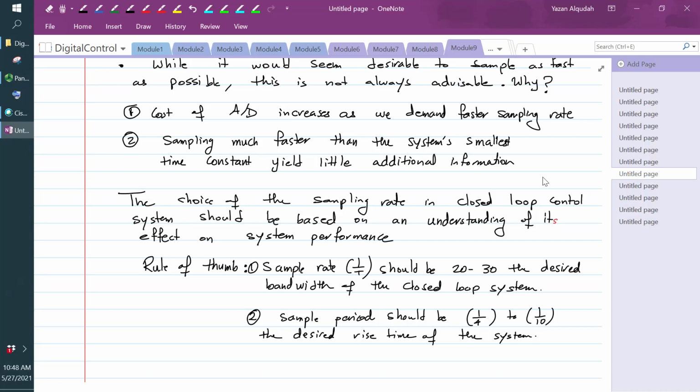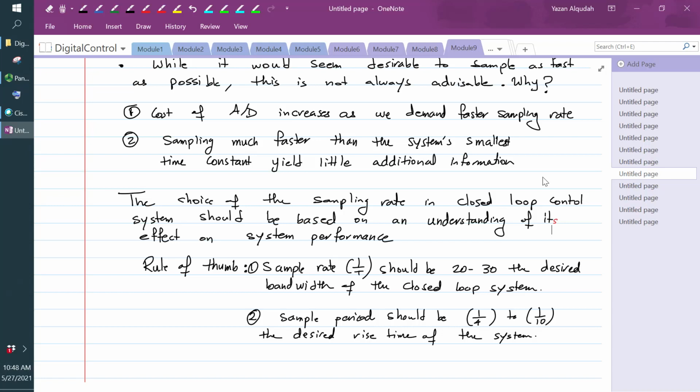What we're going to be doing next, now that we looked at the analog to digital conversion and digital to analog conversion, is look at the controller. So we're going to look at C of Z, and we're going to look at different ways of representing that controller, that filter, that compensator, before we start the design process.